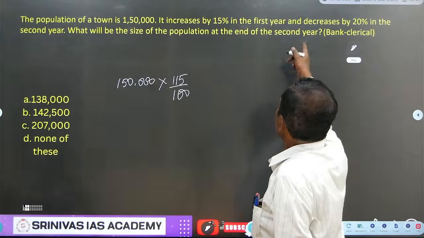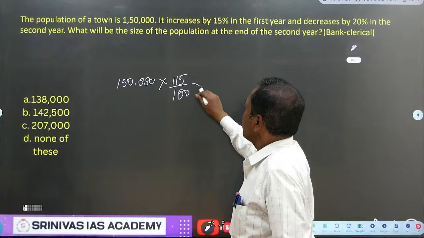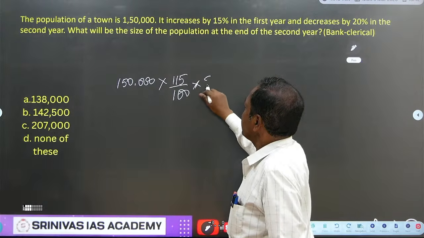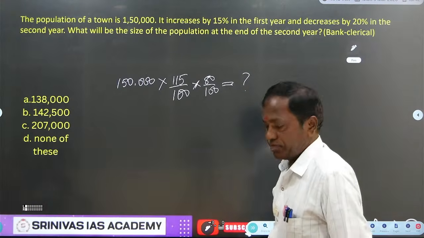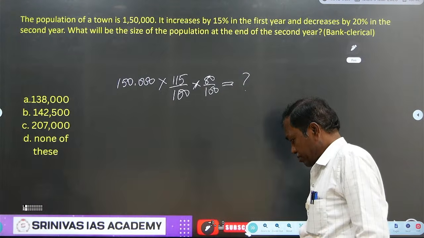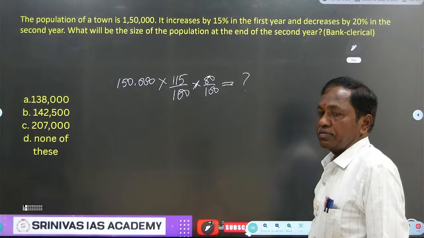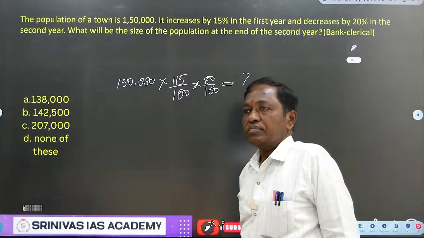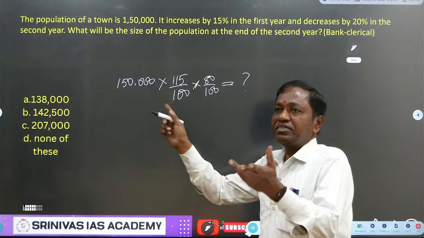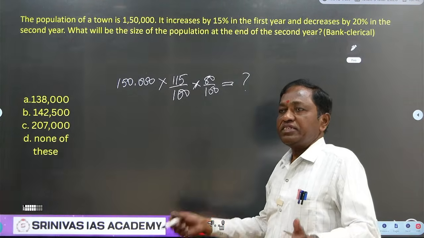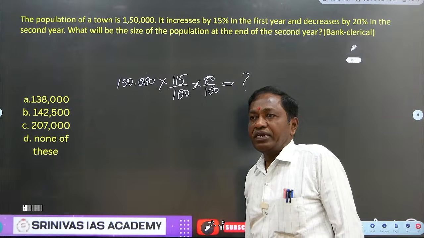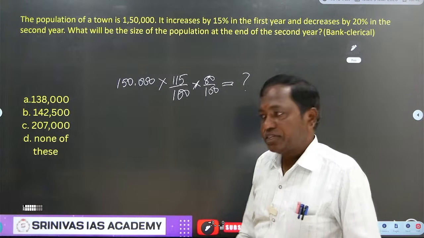And next it decreases by 20%, 100 minus 20, 80%. And this is the answer. Do it. If you multiply by 100%, it retains the same value. More than 100% is increasing the value. Less than 100% is decreasing its value.